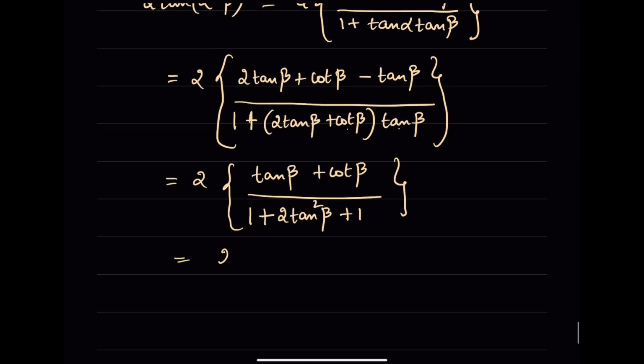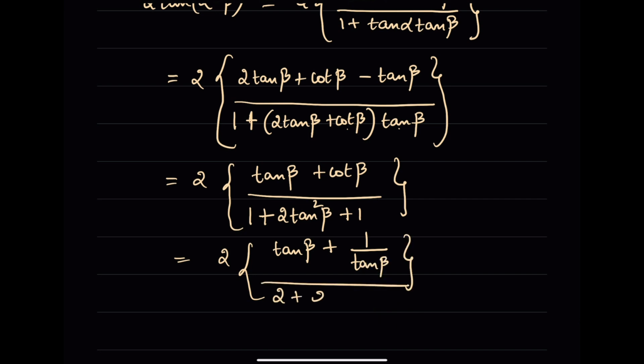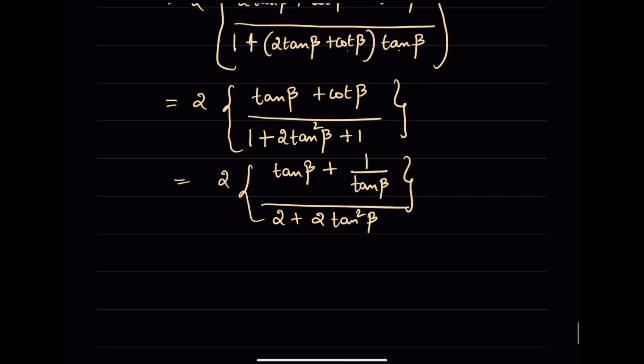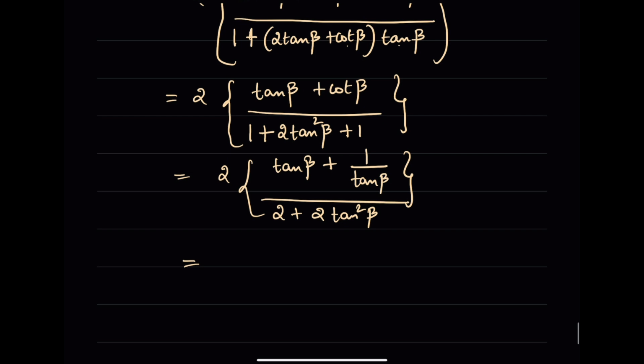So this would be 2 times, now tan beta plus cot beta can be written as 1 by tan beta, and in the denominator would be 2 plus 2 tan square beta. Now let's simplify this equation.